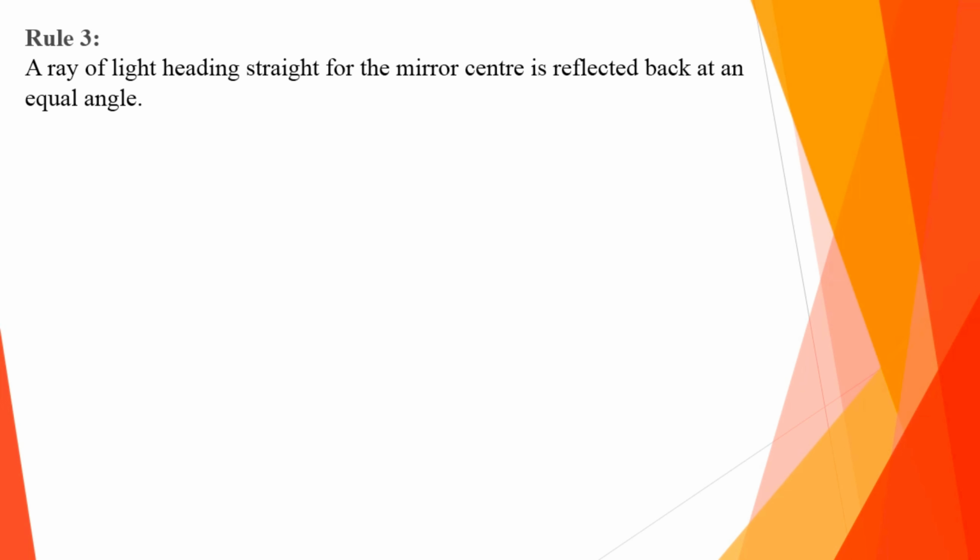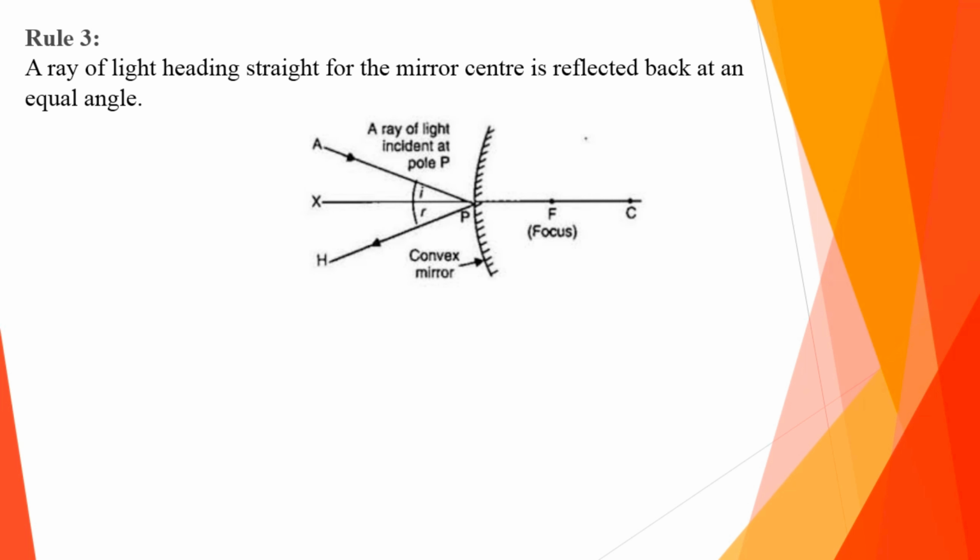So the third one is: a ray of light heading straight for the mirror center is reflected back at an equal angle. This is similar to the concave mirror. So the ray of light incident at P, after reflection, is reflected back at an equal angle.